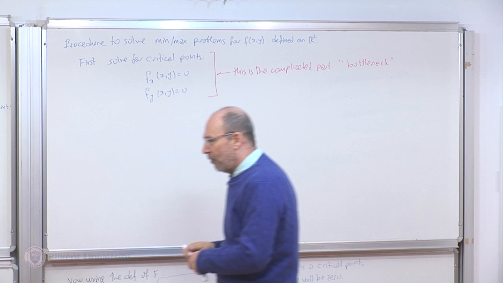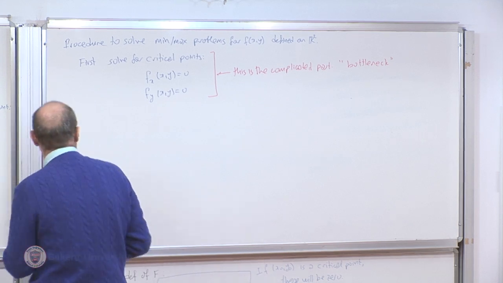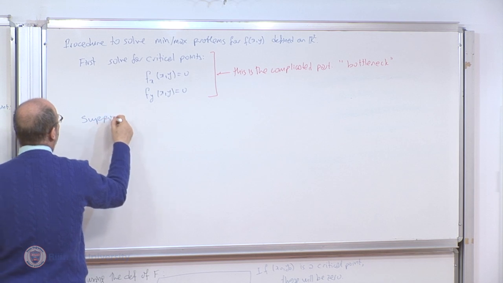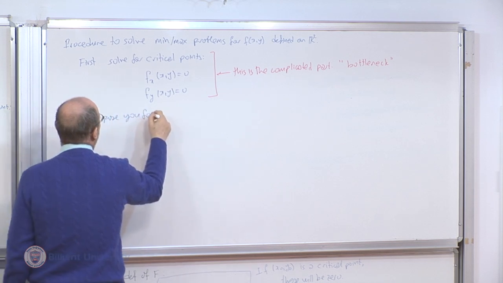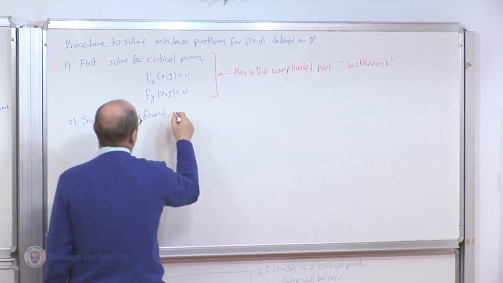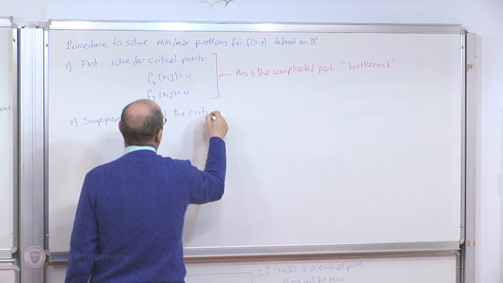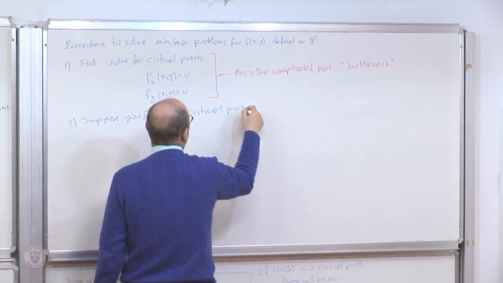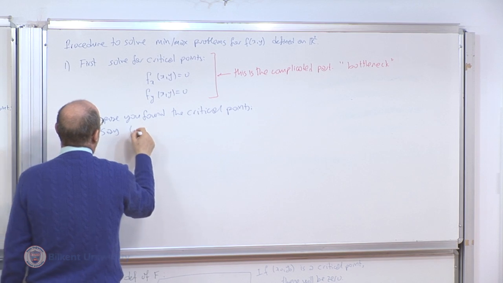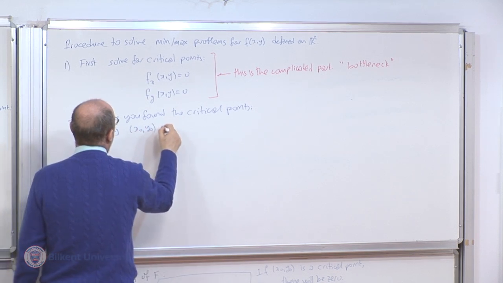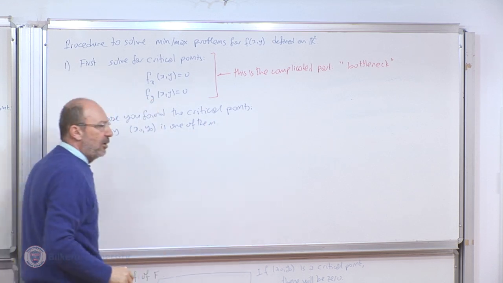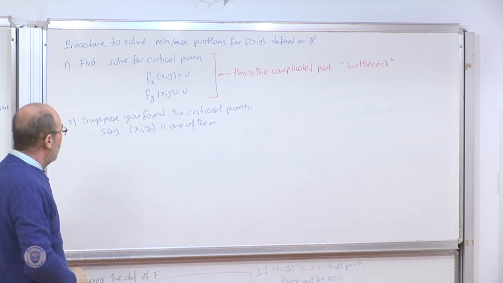Okay, so suppose you found the critical points. So this is the first step. Second, suppose you found the critical points. Okay, so say (x0, y0) is one of them. Now you have to decide these things separately.